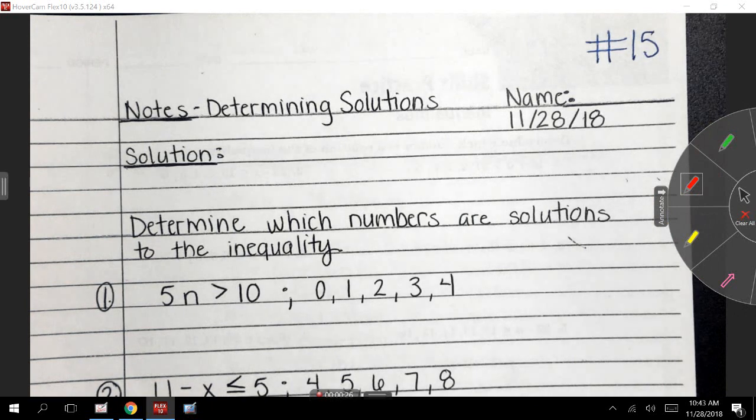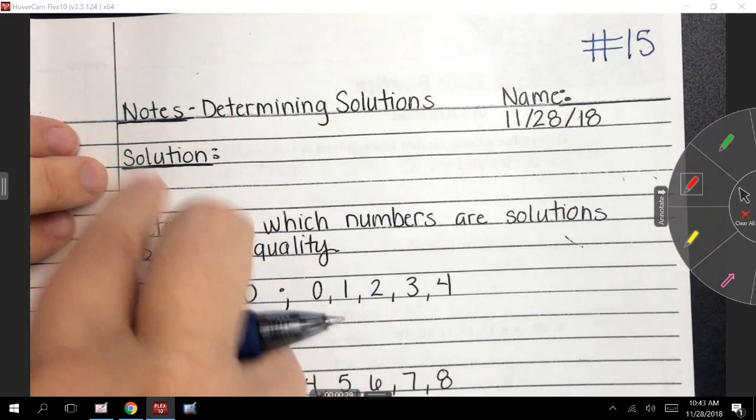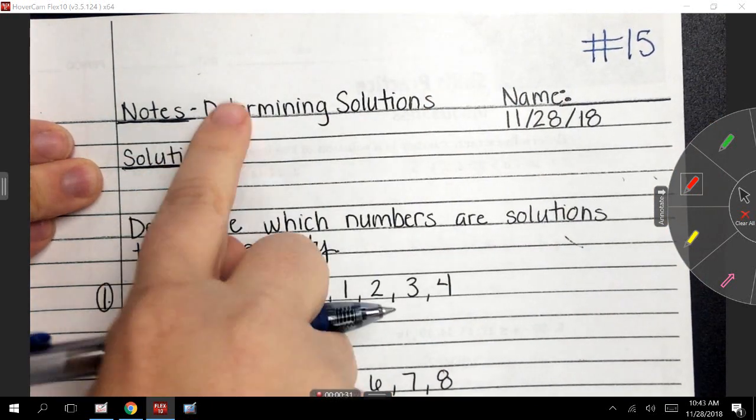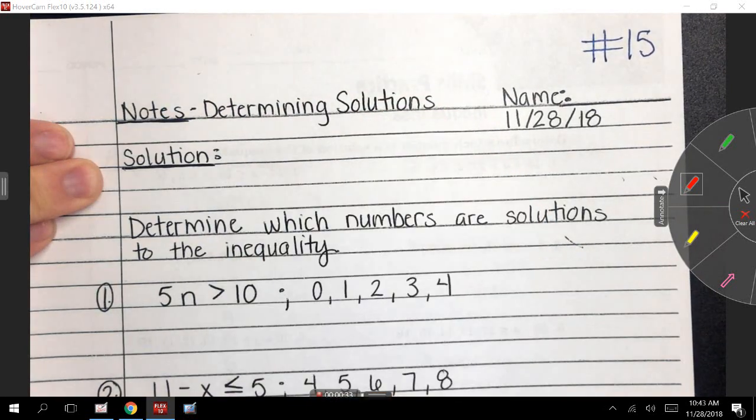All right, so the first thing, guys, we do have a definition that we want to fill in, and that's a solution. Because today, if we're going to determine solutions, don't we need to know what a solution is? Yeah, that's probably a good idea.